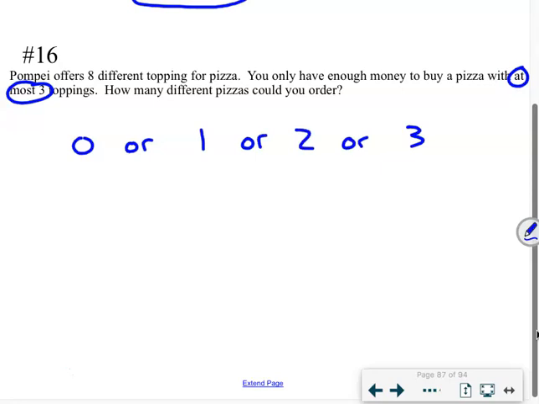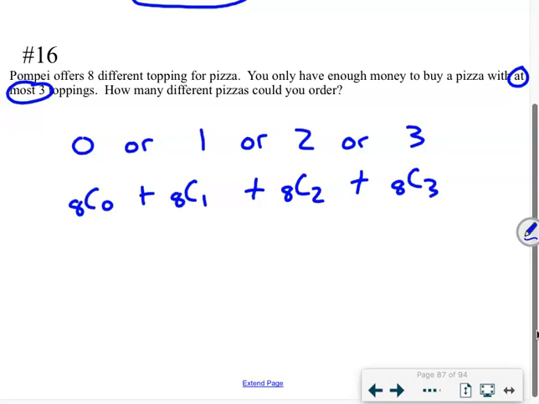So let's figure out how this works. So or means add. So we're going to be adding up some possibilities here. Out of the 8 toppings, we could choose 0 of them. We could choose 1 of them. We could choose 2 of them. Or we could choose 3 of them. Those are our only options right here. We're going to figure out what all these are, and then we're going to add up our answers.